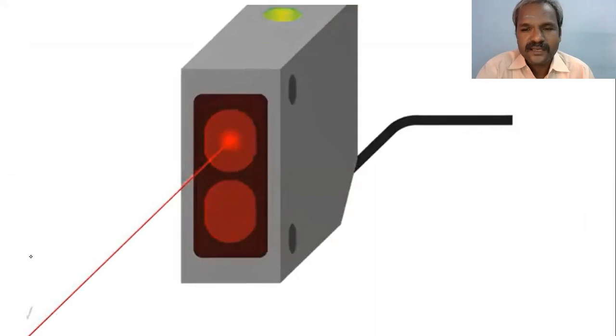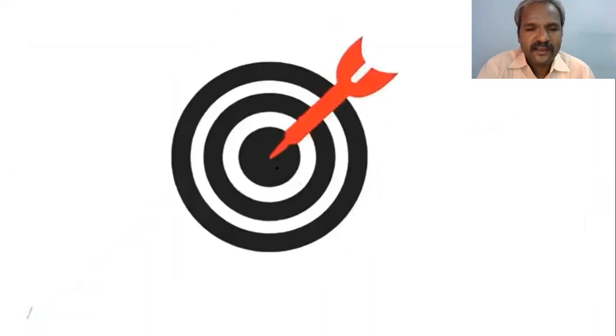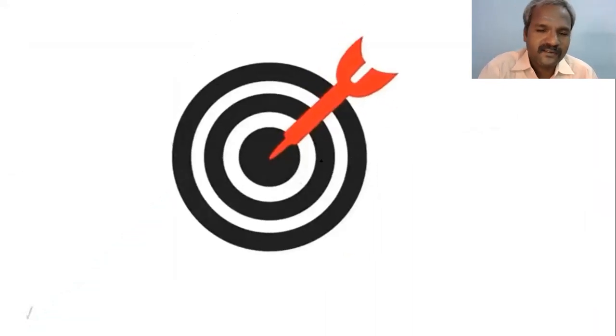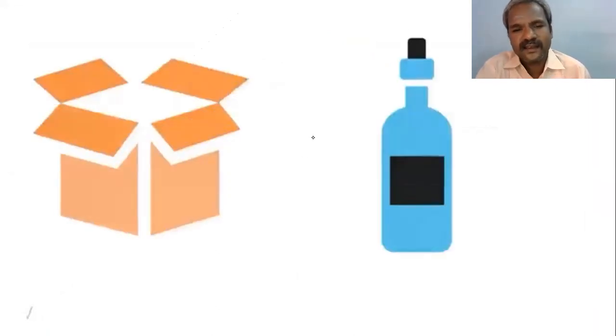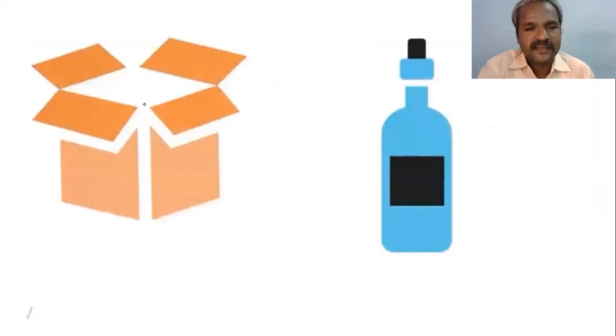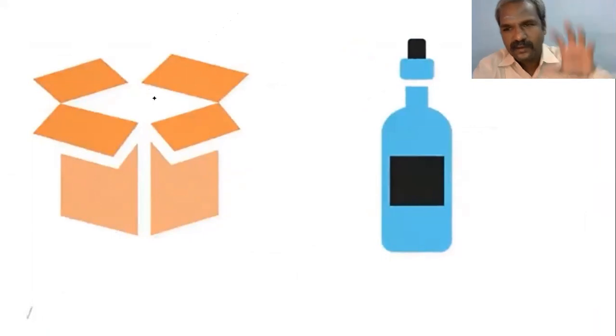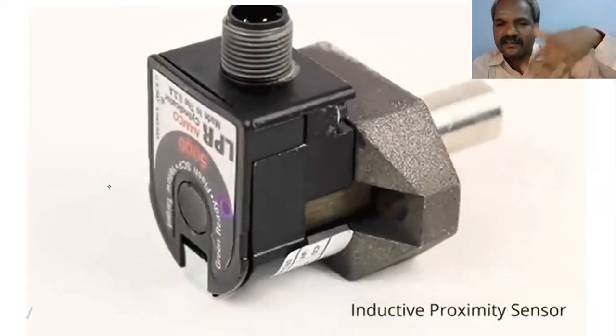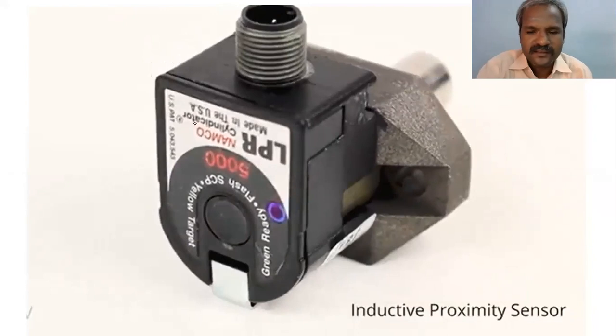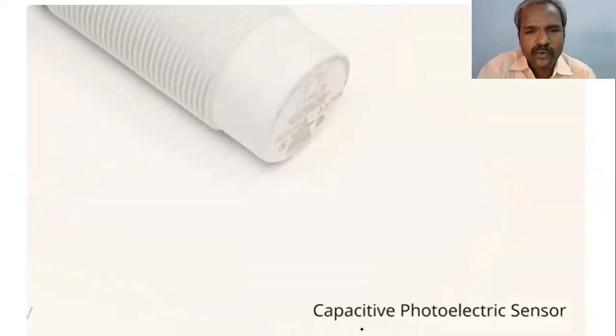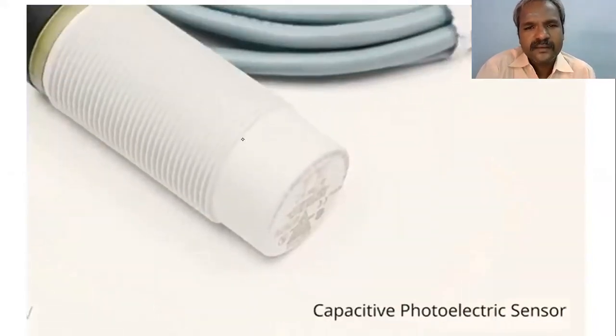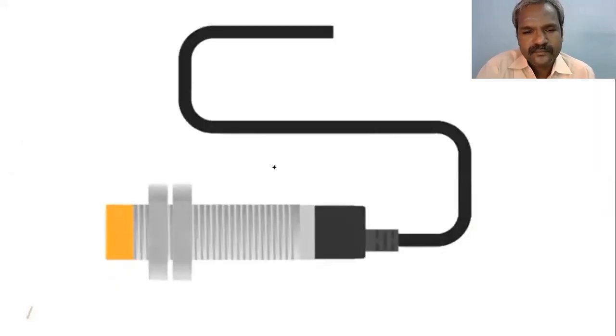So when the object approaches, immediately it gives an accurate signal. These sensors are used to find objects inside containers, either box or liquid. This is the inductive transducer probe, an industrial probe. This is the sensor head and this is the connecting point.